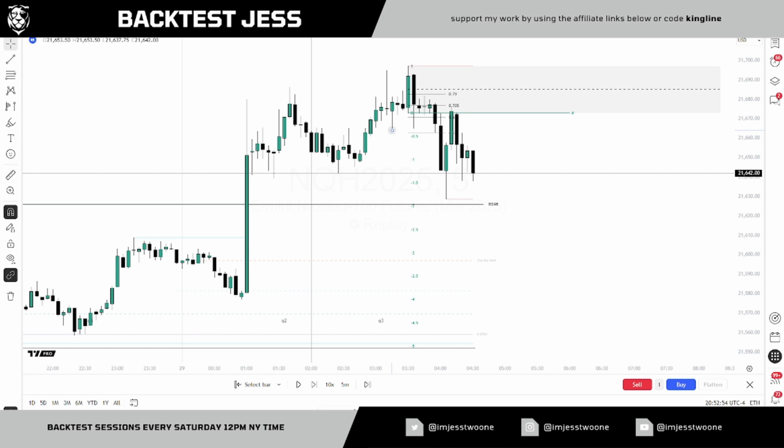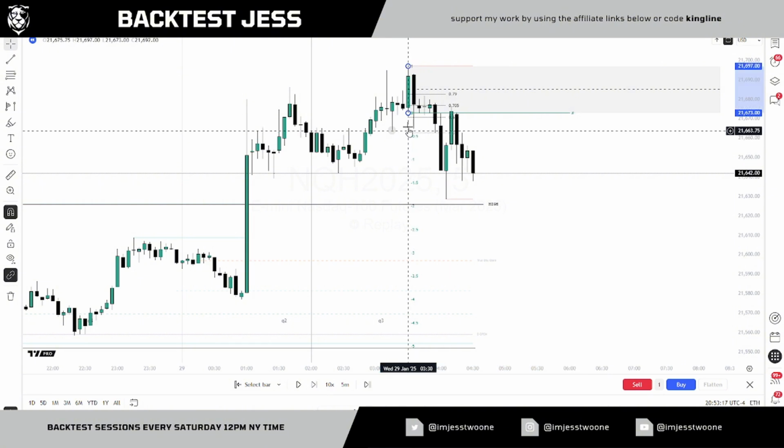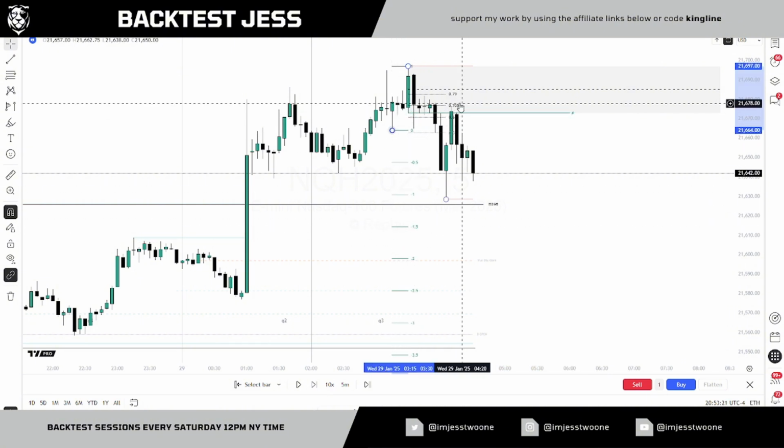Alright, so I'm checking with him to see if he would use this low or if he would keep it here, because we already reached 1.5 deviations before the entry. If he would keep it on this candle, then we can't take this trade because we reached 1.5 before the return to the zone. If he would use this one, then we can, because obviously 1.5 would be lower, so here. And then we would be in this trade still.